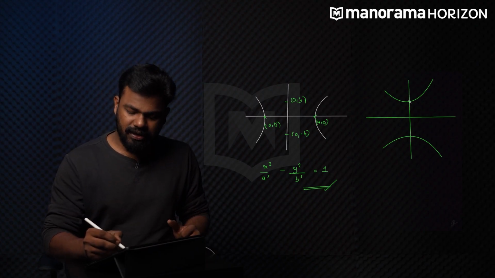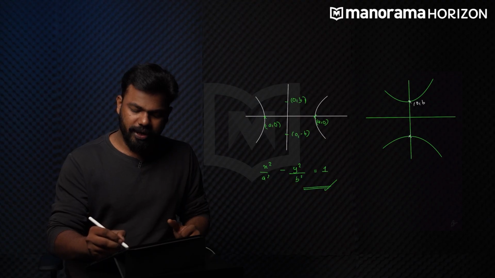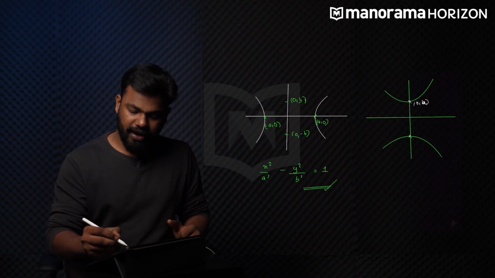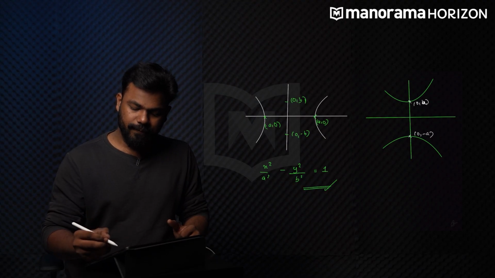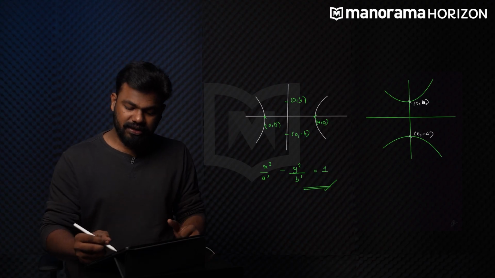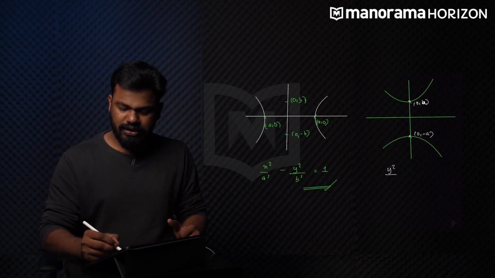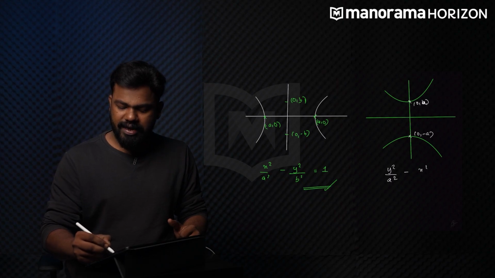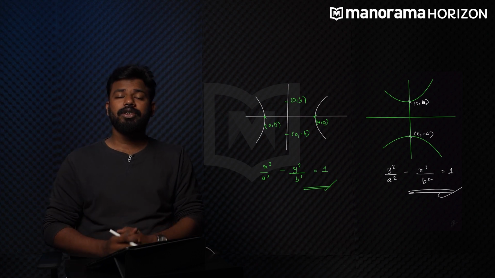So in this case, the points will be (0, b), (0, a), and (0, minus a). And the equation will be y square by a square minus x square by b square is equal to 1. So these are the two equations for a hyperbola.